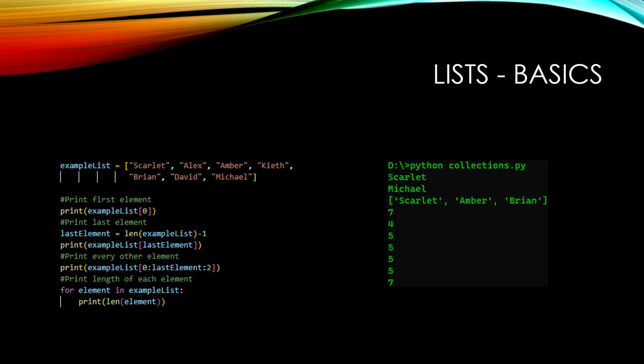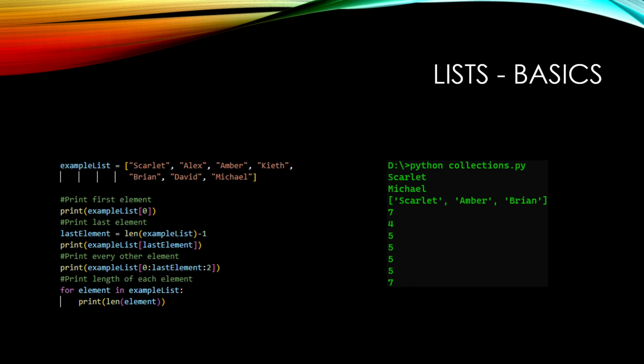So, we have an example list that contains some names: Scarlett, Alex, Amber, Keith, Brian, David, and Michael. Now, we have some comments here explaining what we're doing. The first thing is we're printing the first element. That's print example list sub 0. And of course, that's going to print Scarlett.